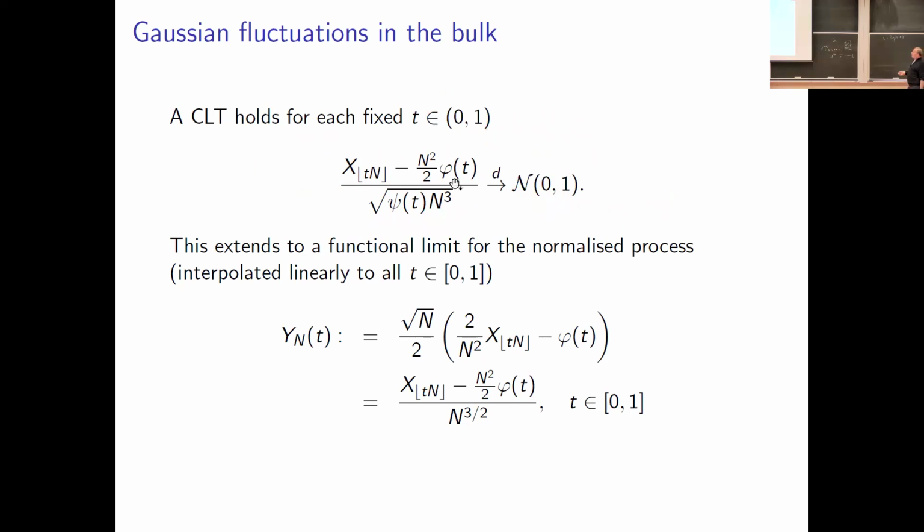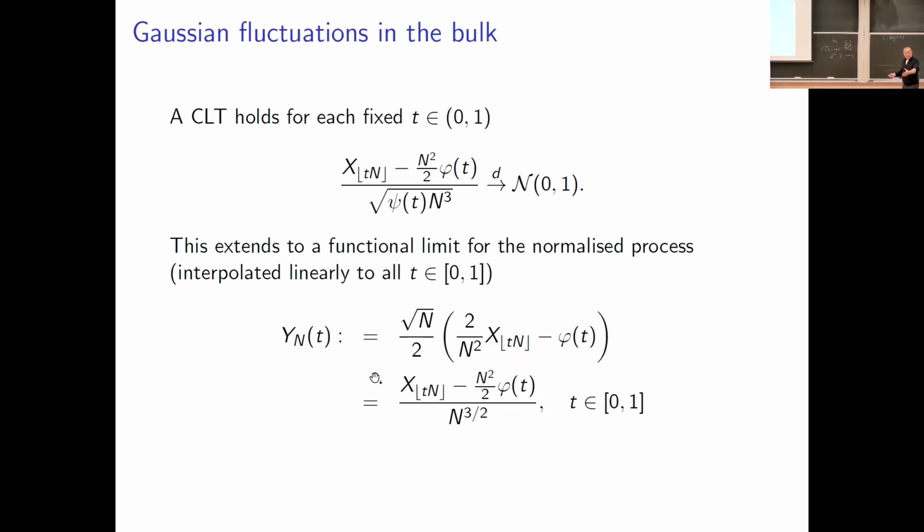Moreover, you can seek a functional limit for that. Let's subtract the mean and scale by the square root of the variance. Not exactly by the square root of the variance, but by n to the 3/2. So the variance will grow like a cubic root. And so let's just divide by this and look at what happens with this process in the limit.